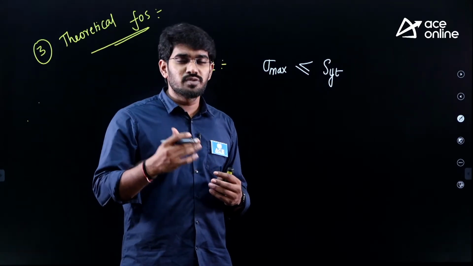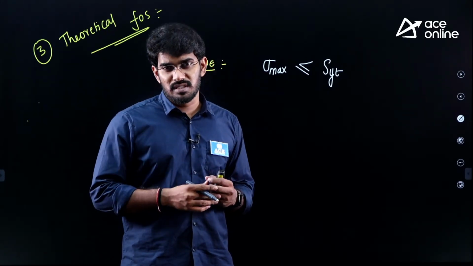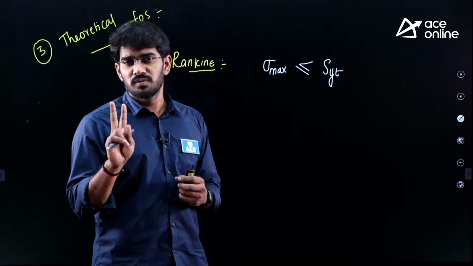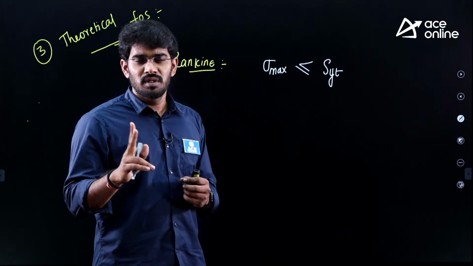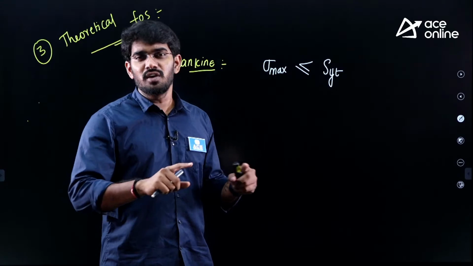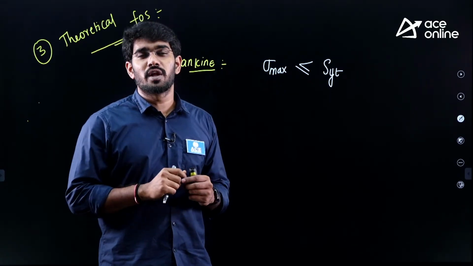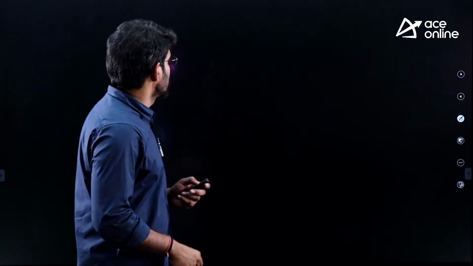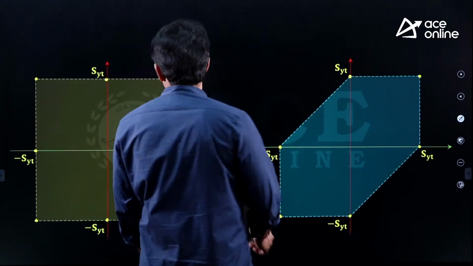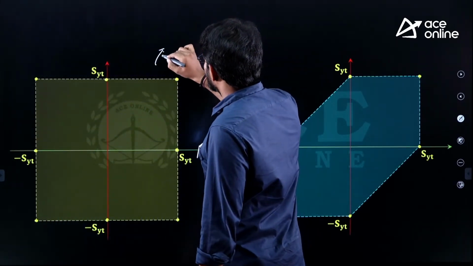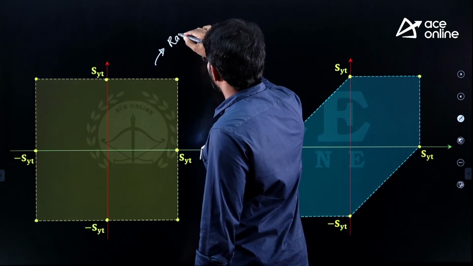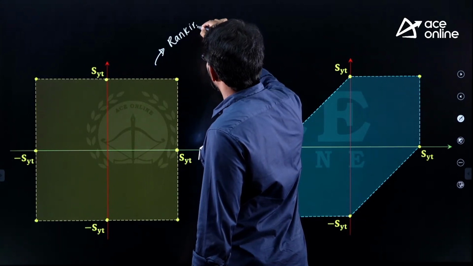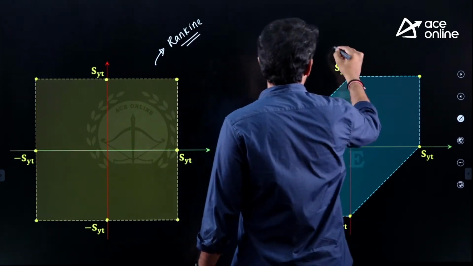If I assume that the third principal stress is 0, we have two, sigma 1 and sigma 2. If I plot the possibility of sigma 1 and sigma 2 on a graph, the graph will be represented in this manner. This is according to Rankine. This is according to Guest.